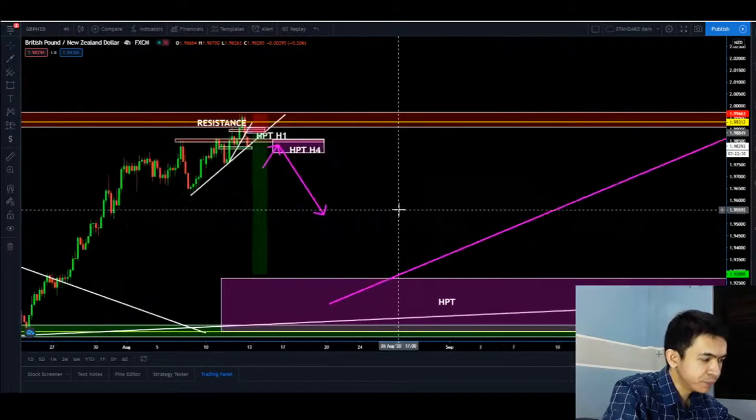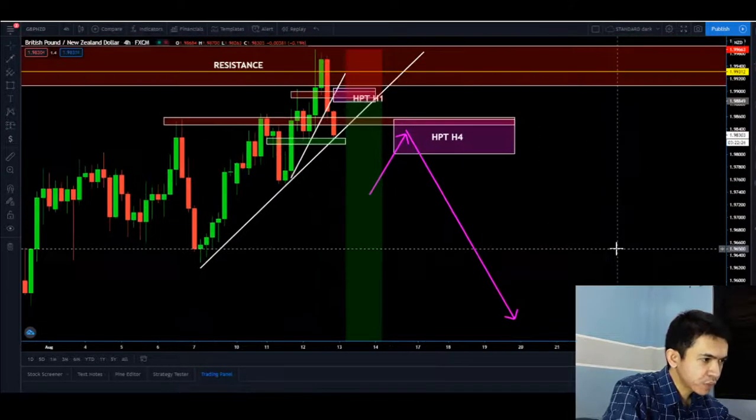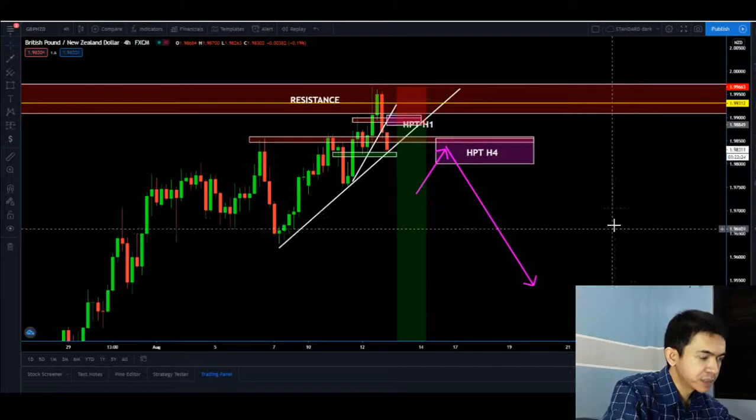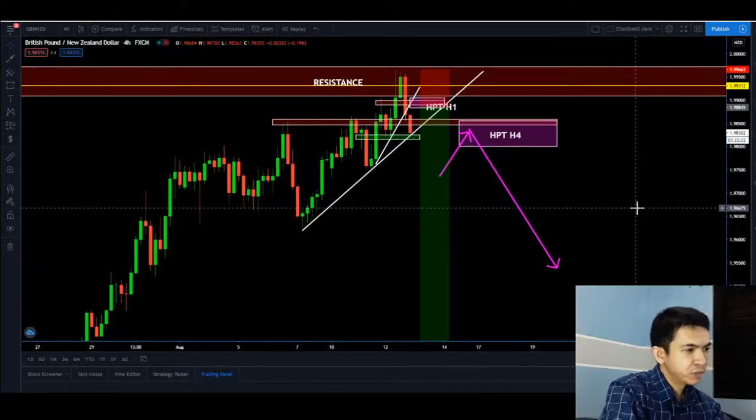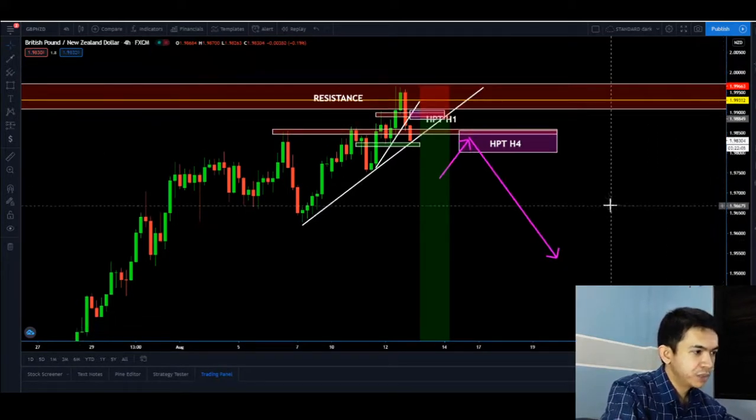So you see, from a swing trader perspective, we can have multiple entries. Since I'm doing a long-term trade, the market gives me more time to analyze deeply, unlike scalping, where I'd watch the price every minute to place the trade.